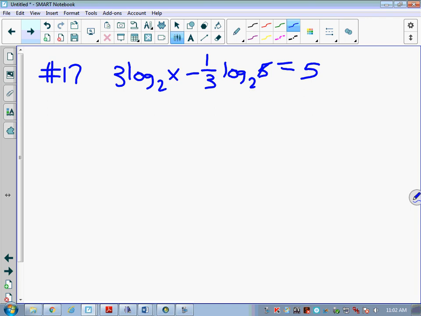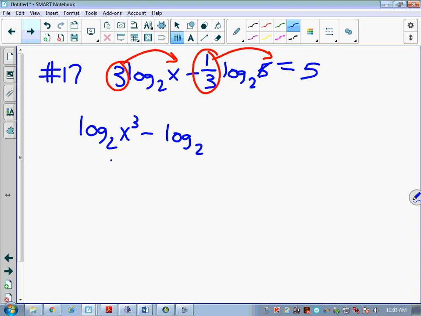What do you want to do with your coefficients that are out front? Move them to the exponent position. So that's going to give me log base 2 of x cubed minus log base 2 of 8 to the 1/3. What is 8 to the 1/3? It's the cube root of 8.